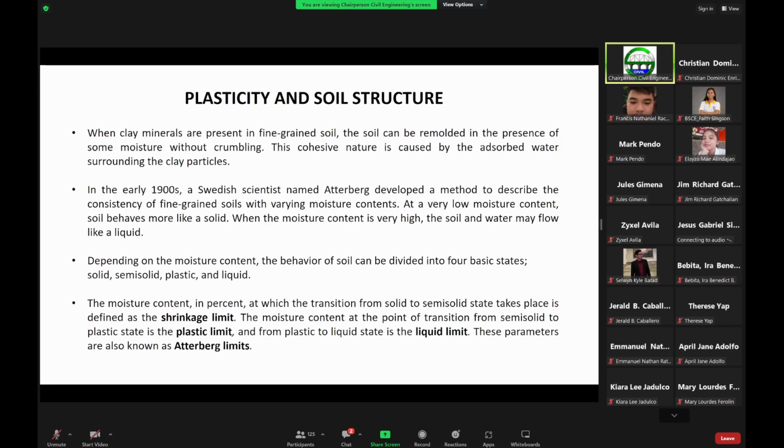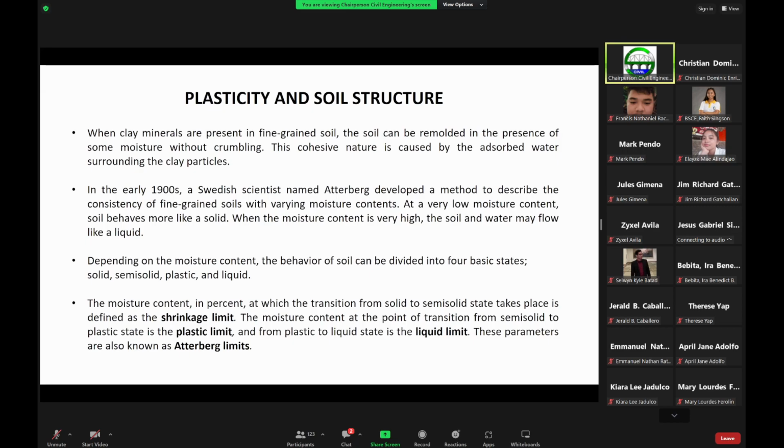So in the early 1900s, a Swedish scientist named Atterberg developed a method to describe the consistency of fine grained soils with varying moisture contents. At a very low moisture content, or water content, the soil behaves more like a solid.